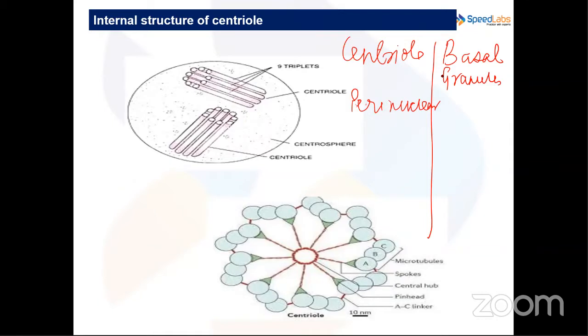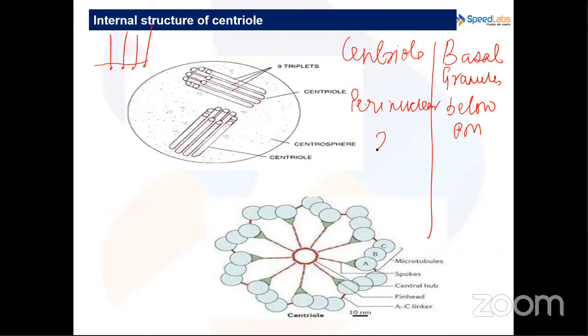Whereas basal granule, it is below the plasma membrane. Haven't you seen, if this plasma membrane is there, then you have these basal granules, and flagella or cilia originate from the basal granules. So we're talking about those basal granules.